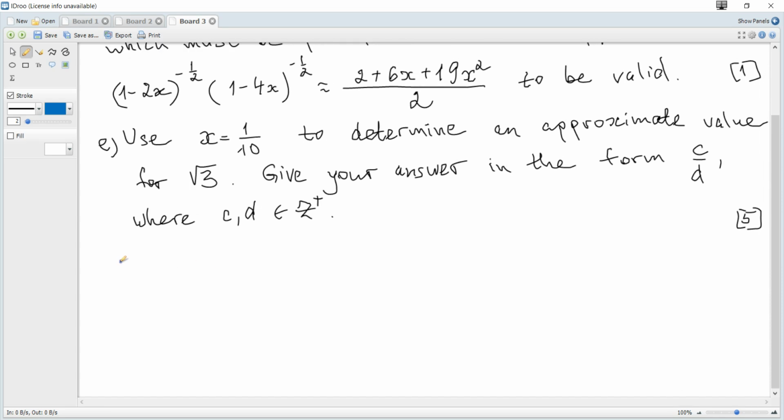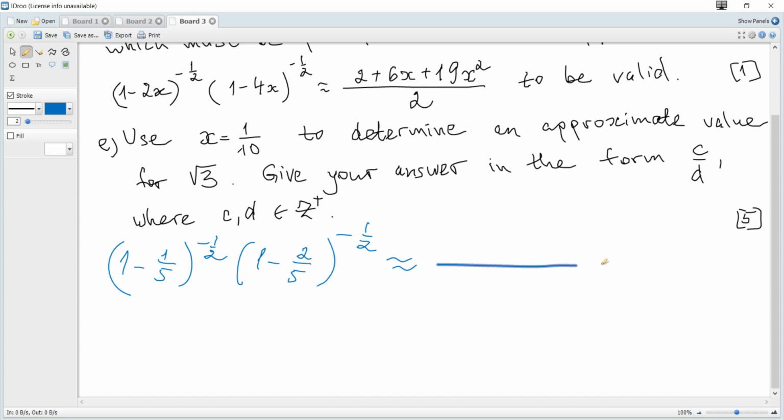So it becomes 1 minus 1 over 5 to the power of negative a half, multiplied by 1 minus 2 over 5 to the power negative a half, and it is equal approximately to 2 plus 3 over 5 plus 19 over 100, over 2.